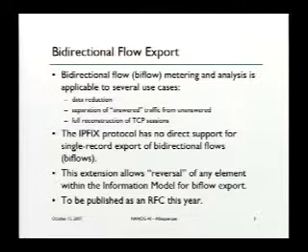Now, this wasn't in the protocol to start. There was no direct support for single record export of bidirectional flows. If you had bidirectional flow information at your collector, you'd have to export two records in a row, one for one direction, one for the other. This is largely because the working group was concerned with export from routers, and when you're doing asymmetric routing, when you don't know that you'll see each packet, putting direct support in for biflows may not make much sense.